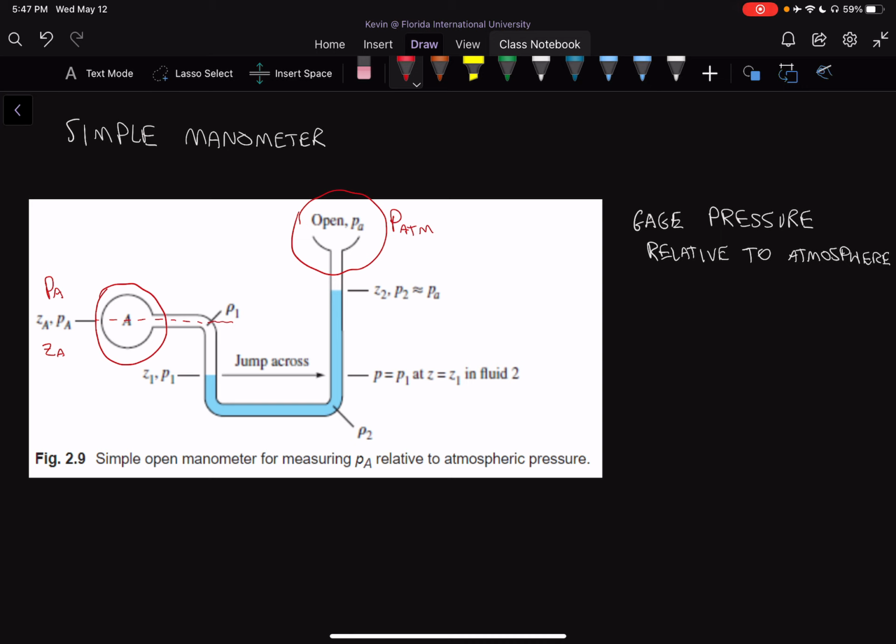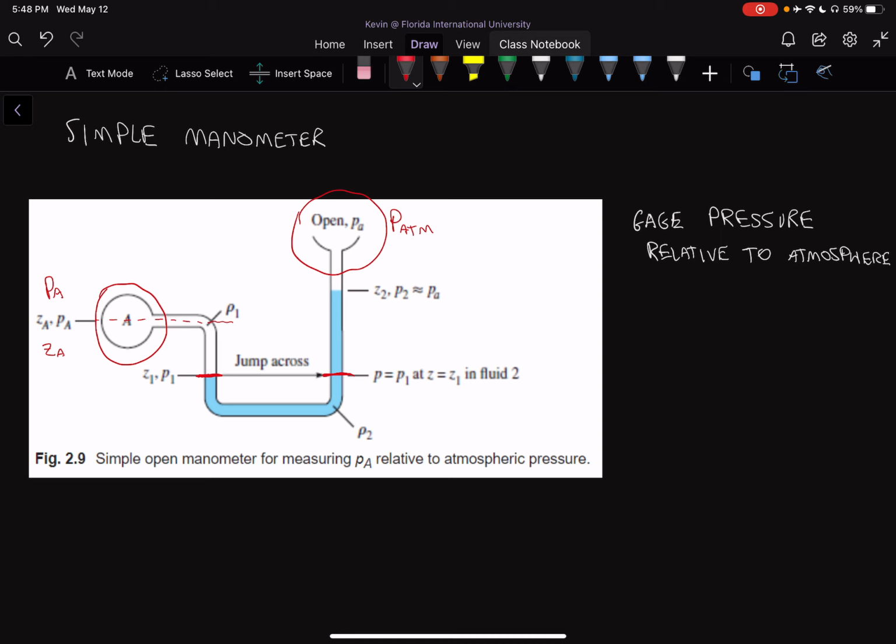Okay, and we have a fluid that is placed between gas A and the atmosphere, which would have air. And how this works is we're going to use a little bit of a technique here. What we're trying to find is the difference between pressure A and pressure atmosphere.